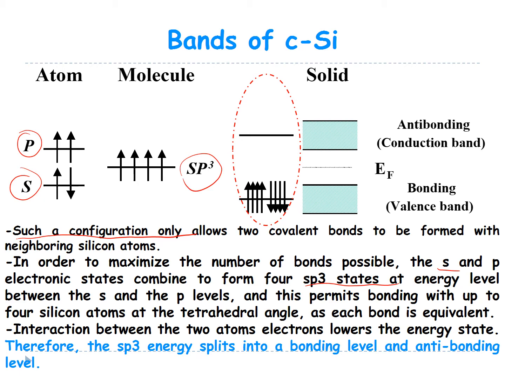The sp3 orbitals permit bonding with up to 4 silicon atoms at the tetrahedral angle. Because of this, you are able to have the tetrahedral arrangement where each bond is around 109 degrees from the other.